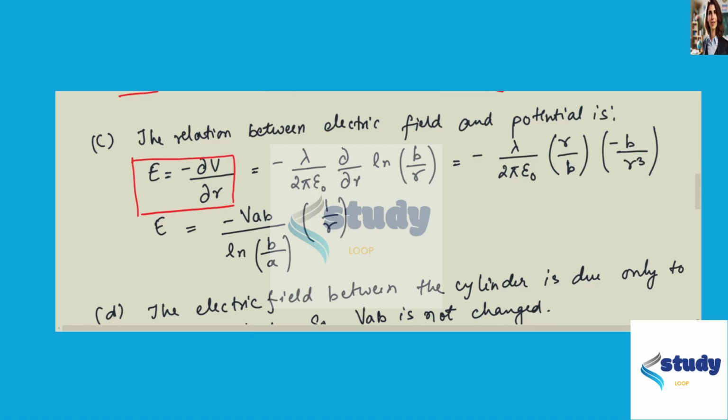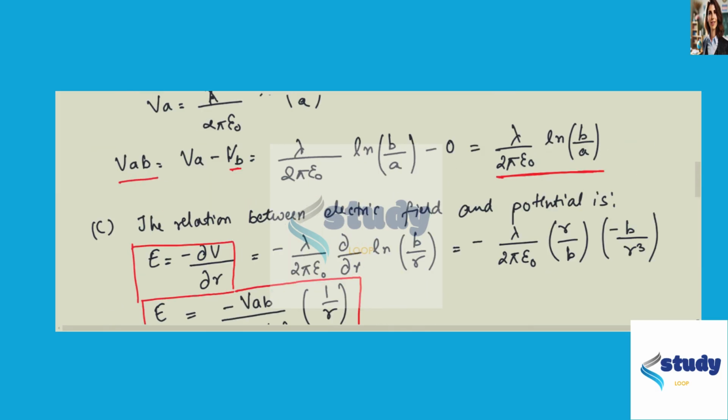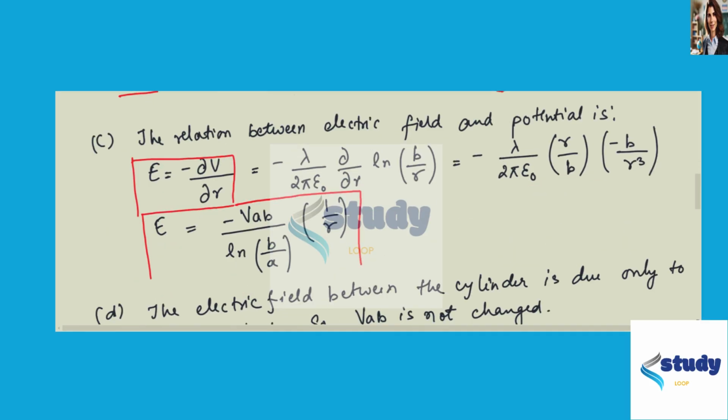We have just differentiated 1 by r. So it becomes E equals minus V_ab. Can we write V_ab instead of this? Yes, because lambda by 2 pi epsilon naught is V_ab divided by ln b by a, and the whole into 1 by r. This is how we proved the relation.